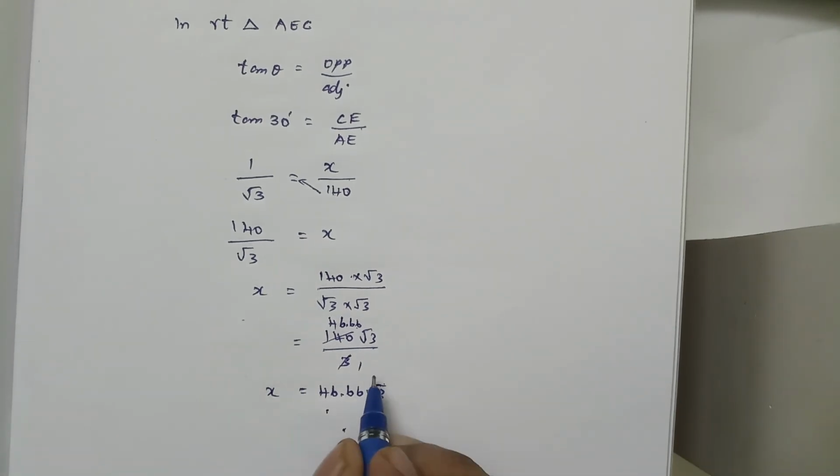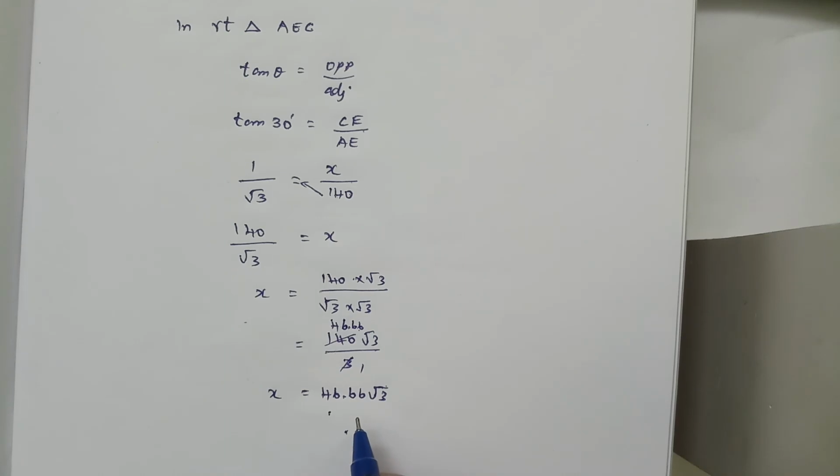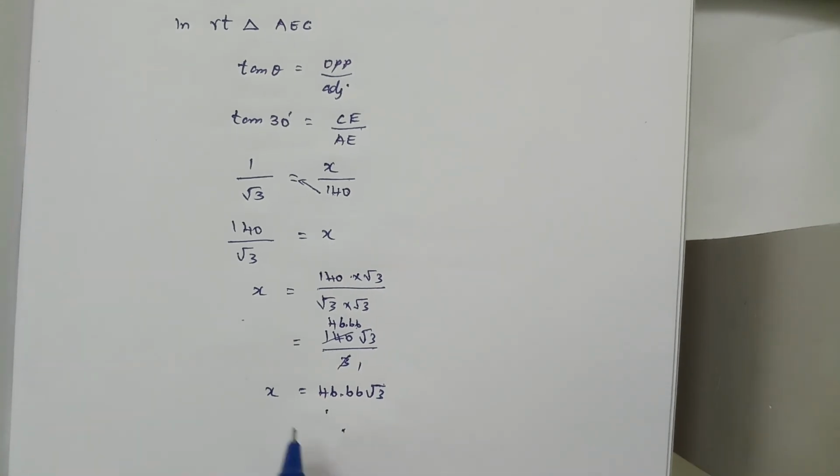If they didn't give the value of root 3, you have to assume it. The value of root 3 is 1.732, and you can take 1.73. Substitute, multiply, then add 60, so the final solution is a single term, not a double term.